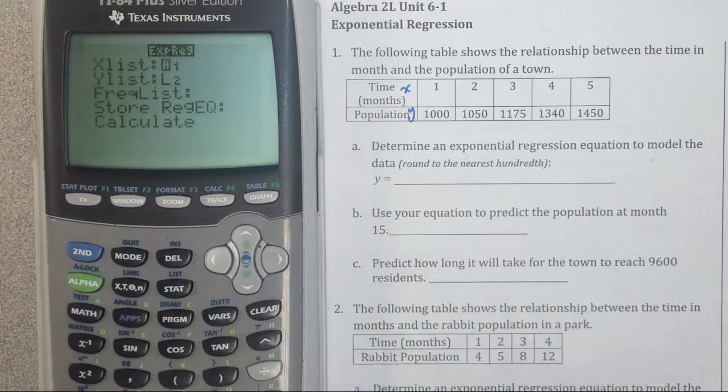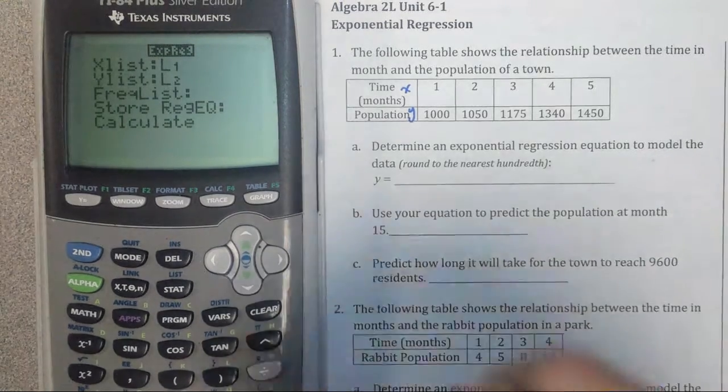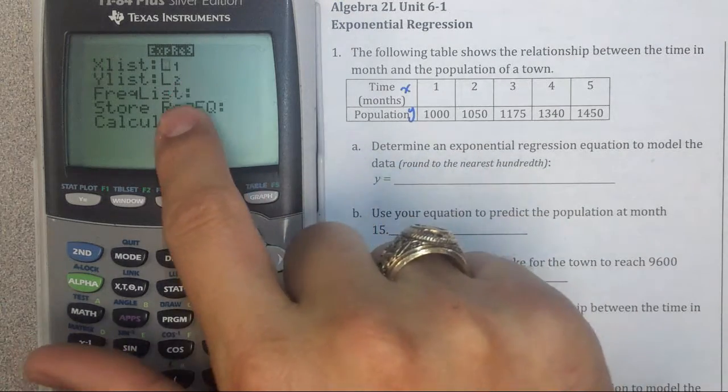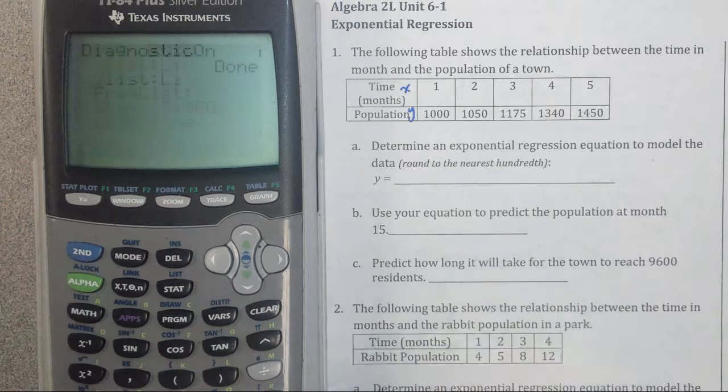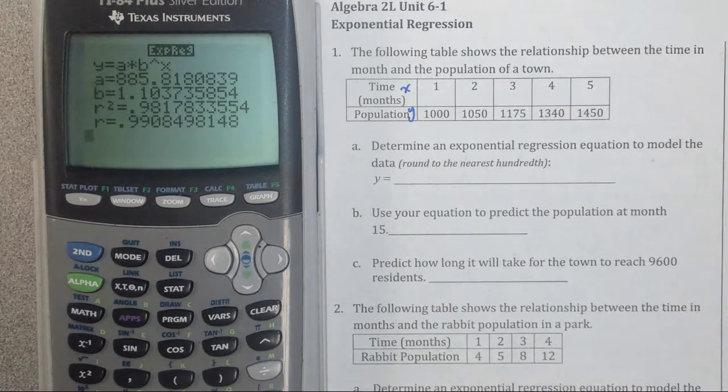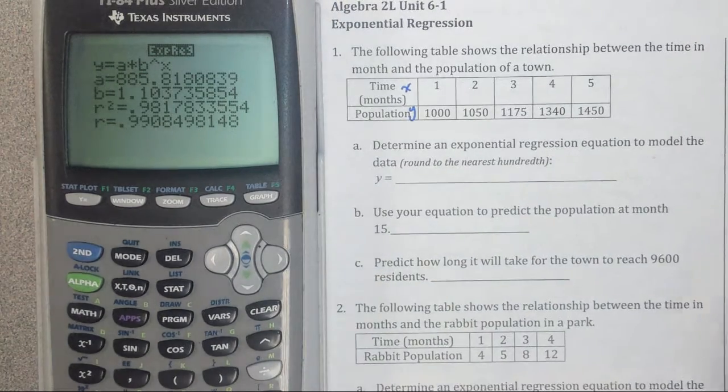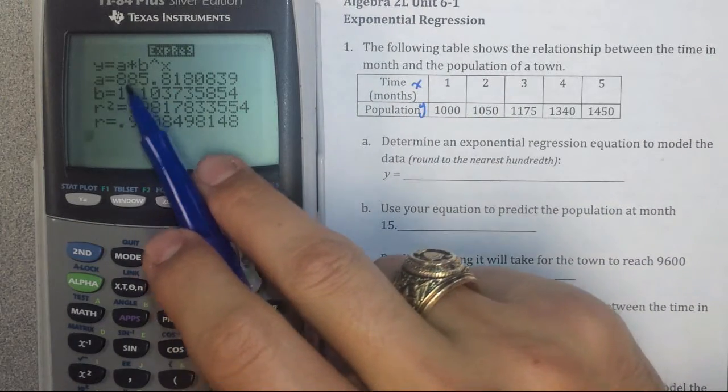Press enter. And L1, L2, again, that's my X and my Y. And we're just going to go down to calculate, hit enter, and there's my equation. Here's my equation. It even tells us what form to put it in.